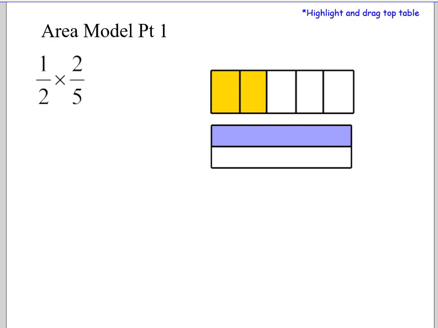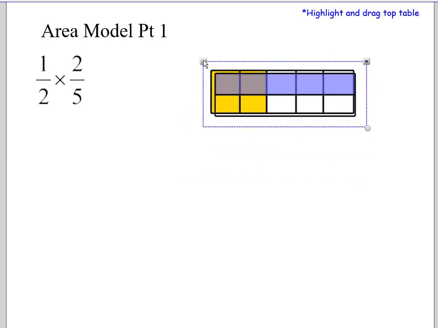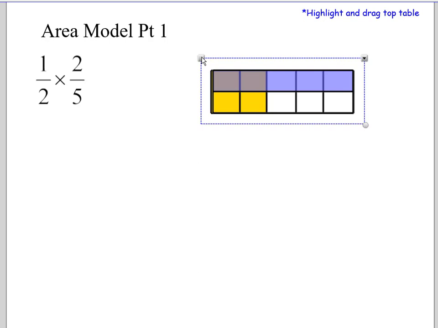Okay, so let's try another one. Now we're going to do two fractions with this one, and again, we're interested in where there are two colors. So if we take the purple and we drag it up on top of the yellow, we can see there are two squares right here and here that have both colors. Now the question is, how big are those? Or what is the size of those pieces?